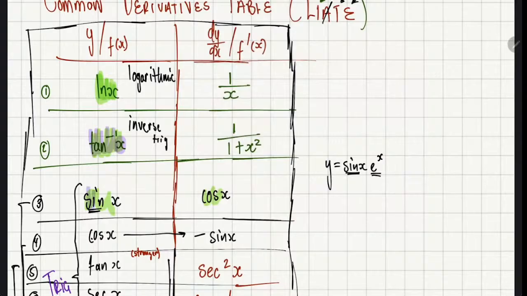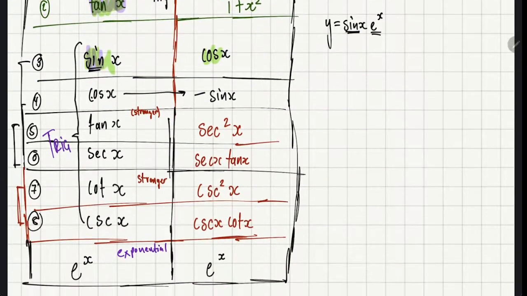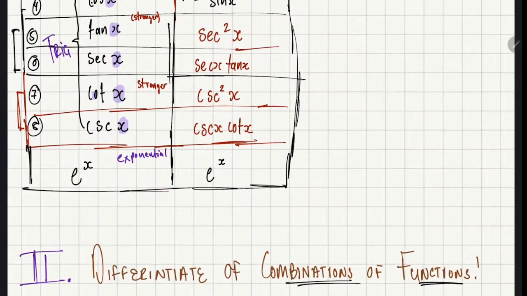Then the six trig are sine of x, cos of x, tan of x, sec of x, cot of x, cosec of x. Then the last is e to the x. Everything is x, x, x, x, x. Once you start putting anything which is not x, it becomes composite, and I should use the chain rule.